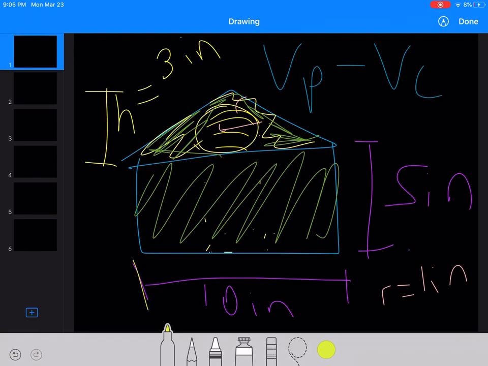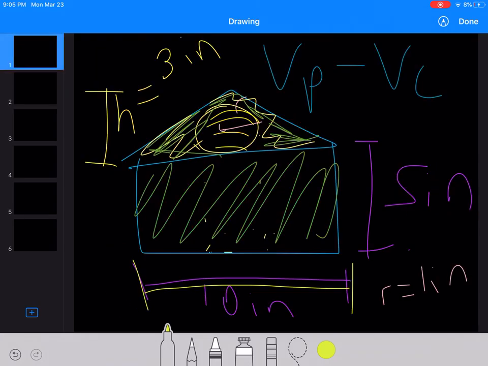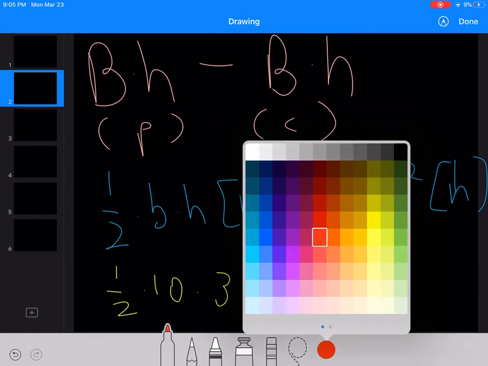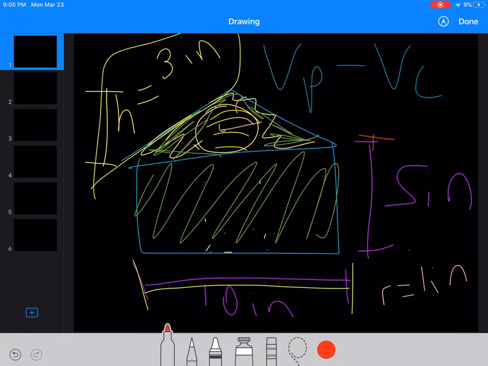So let's see what we have going on here. The base of that triangle is 10, so do 1/2 times 10. The height of the triangle here was 3 inches. And let's color that height a different color since it refers to both the heights. So we'll do that 5 inches.